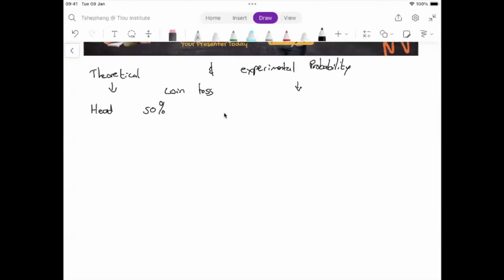But now when we say experimentally, remember that when you do it experimentally, you have to do it a number of times. So it doesn't mean that you are always going to get heads to be 50%. For experiments, maybe you're going to toss this coin 10 times. When you toss this coin 10 times, it doesn't automatically mean that you're going to get 5 heads and 5 tails.